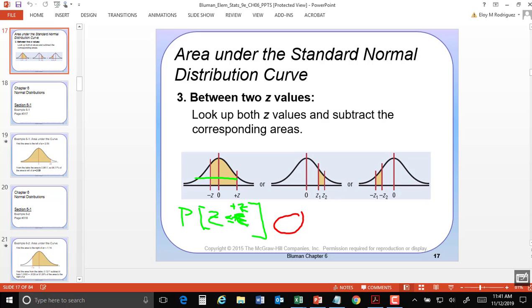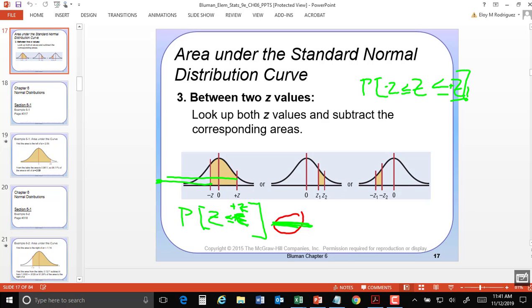That's the area from here on back, from which I have to subtract the area from here on back. You see, I have this area, which is less than this area. To get the interval, I want to know the probability that the random variable z takes on a value less than or equal to z plus and greater than or equal to z minus. That's what I'm looking for when I'm doing the interval.